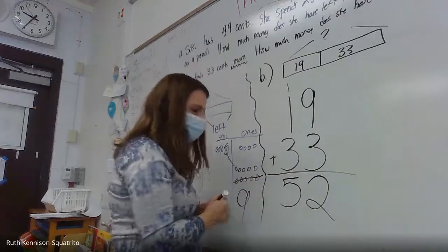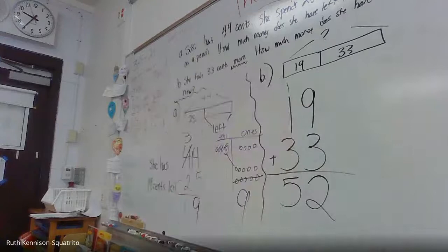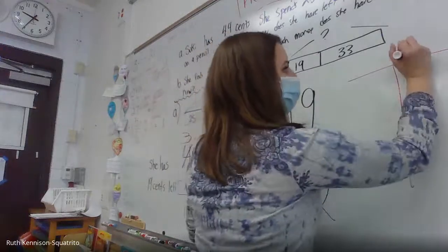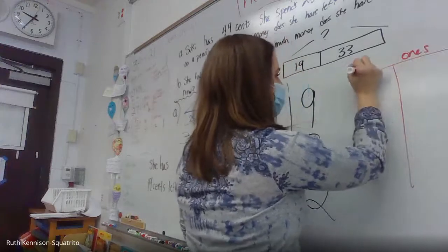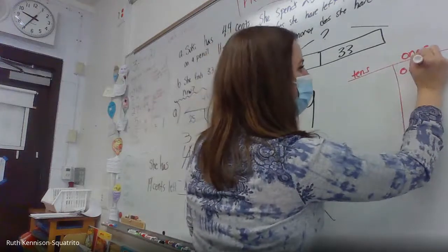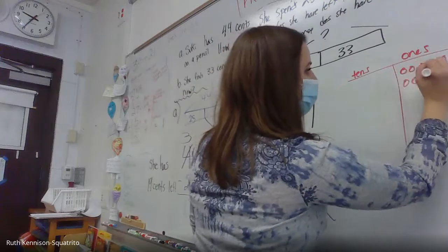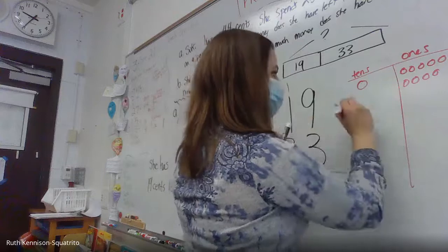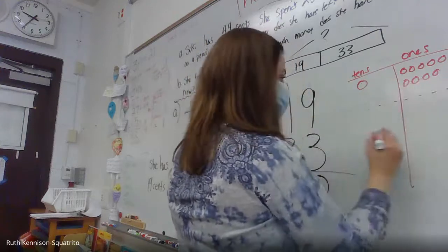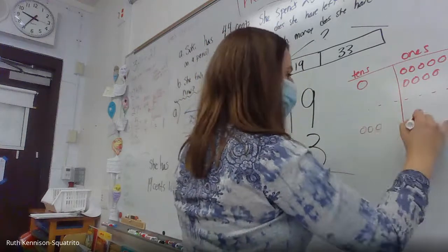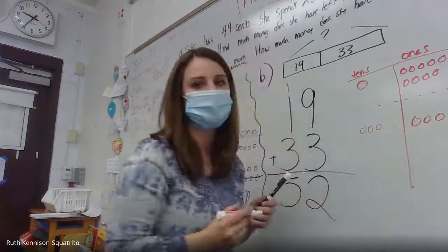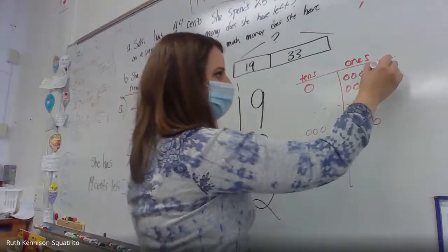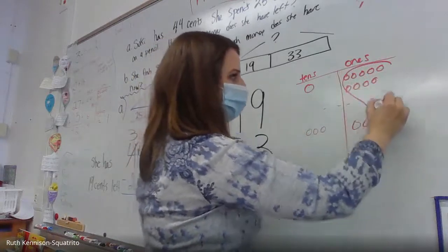Right? If we were to do that in your place value chart, right? Ones, tens. 1, 2, 3, 4, 5, 6, 7, 8, 9, and one group of 10 for 19. And then 33: 1, 2, 3 groups of 10 and 1, 2, 3 ones. And then you would go 9, one more is 10.